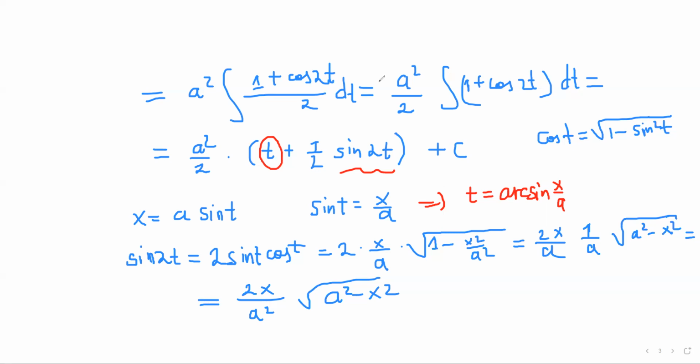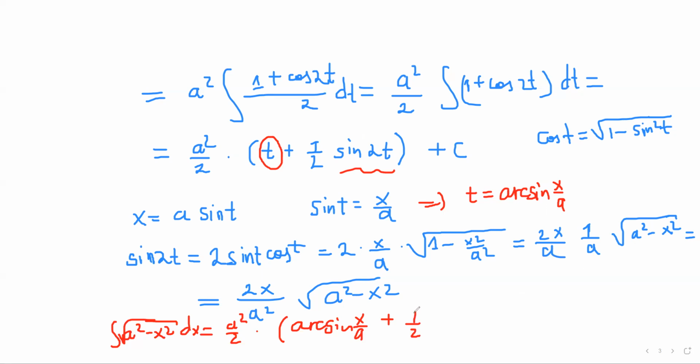So now we are going to write our final answer. Our integral of the root of a squared minus x squared dx equals, so let's write what we have, again a squared divided by 2 times, instead of t, we agreed that it is arc sine of x divided by a, plus 1 out of 2 times sine 2t, which we have already expressed.